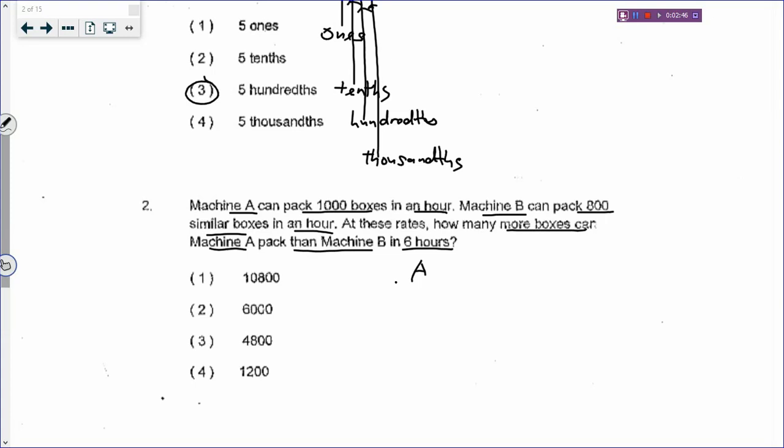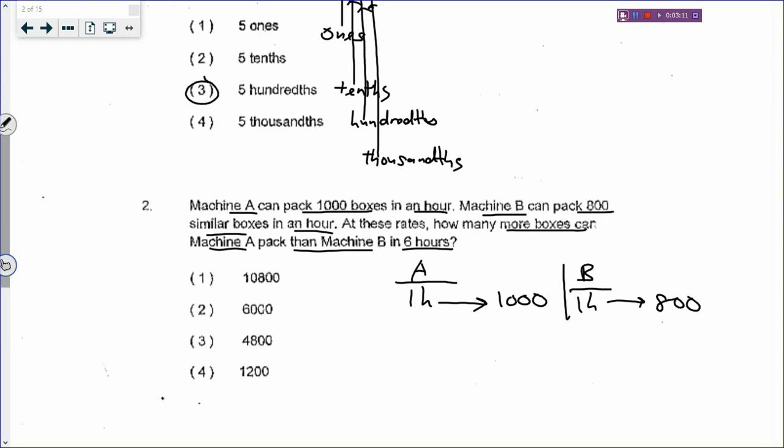Now, even though this question seems easy, it may be hard for your child. The way to make it easier and to break down the problem is to write down the information. Machine A, 1 hour, 1,000 boxes. Machine B, 1 hour, 800 boxes.